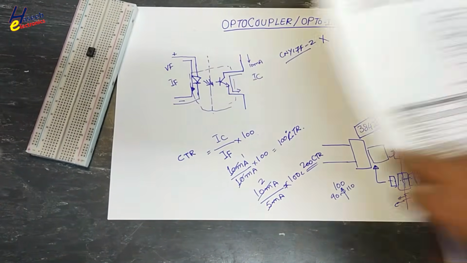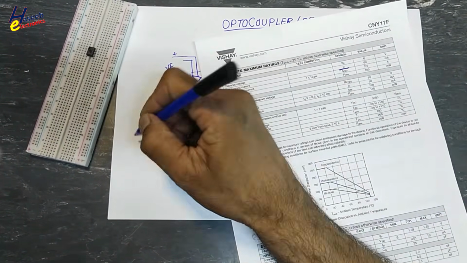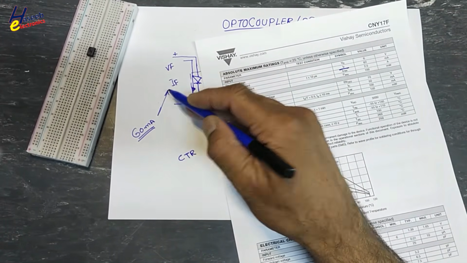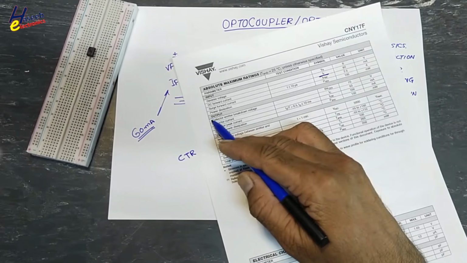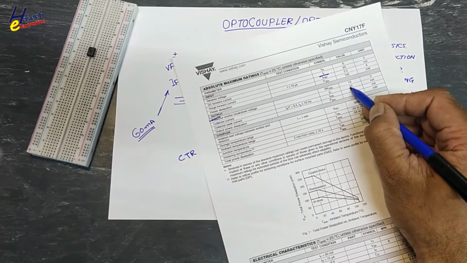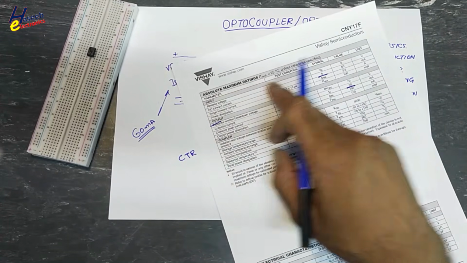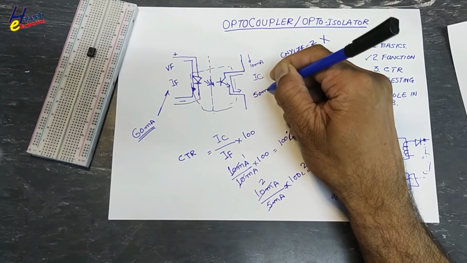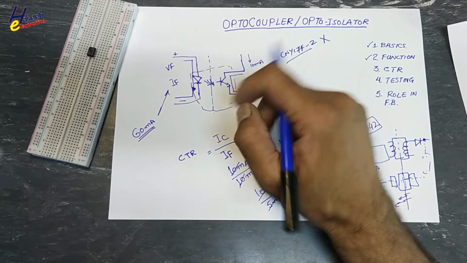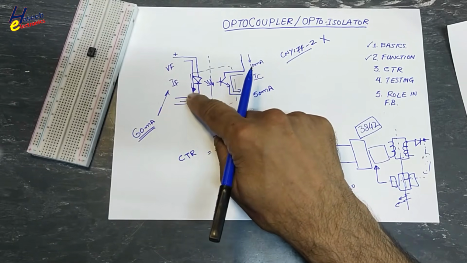If you check its datasheet, IF, forward current maximum 60 milliampere, that is this current. And if we see output side, collector current maximum 50 milliampere, that are absolute maximum ratings. This is the highest amount of current in primary side, in LED side.